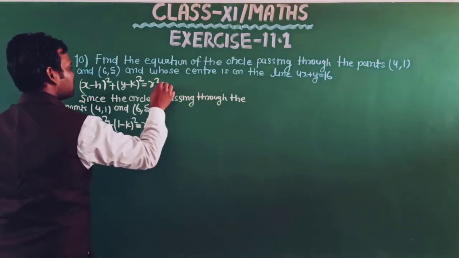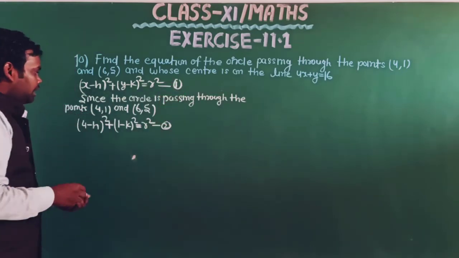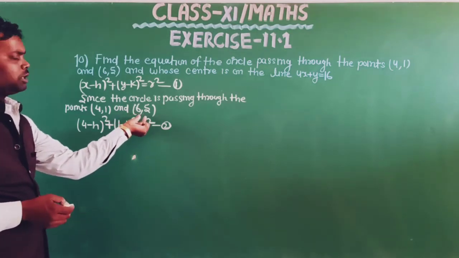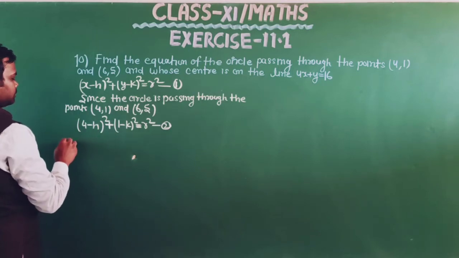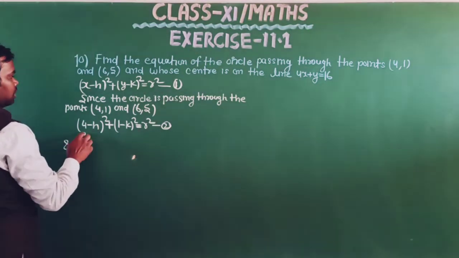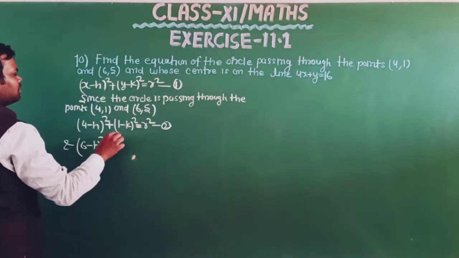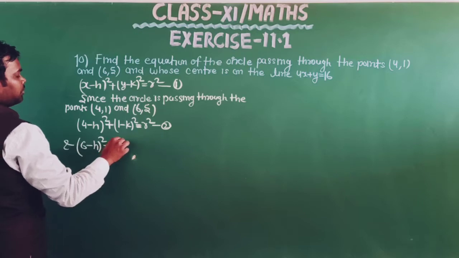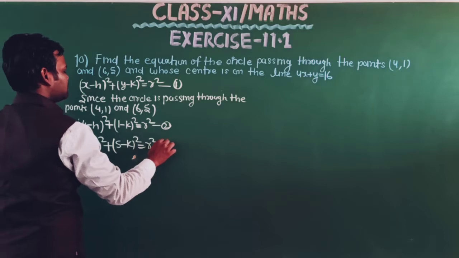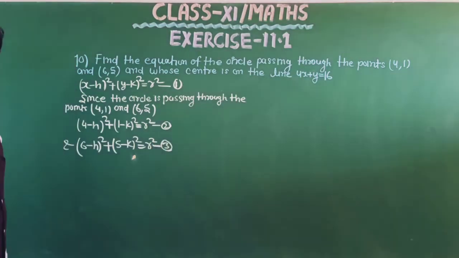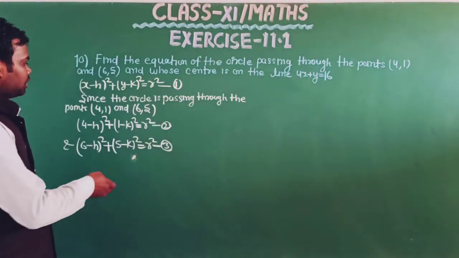Suppose this is equation 1, this is equation 2, and similarly substituting (6, 5) in equation 1, this becomes (6 minus h) whole square plus (5 minus k) whole square equal to r square. Say this is equation 3.